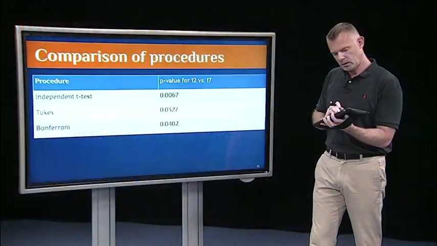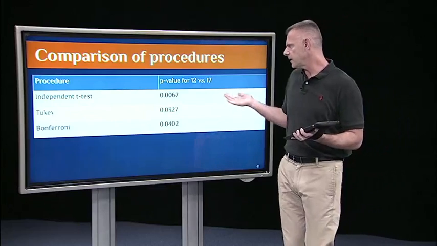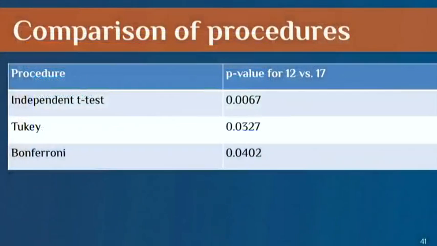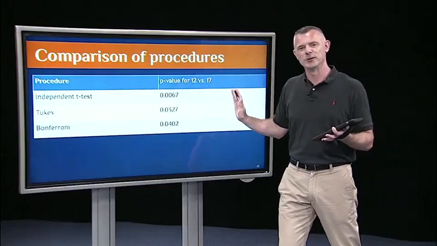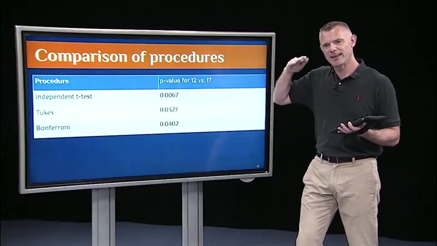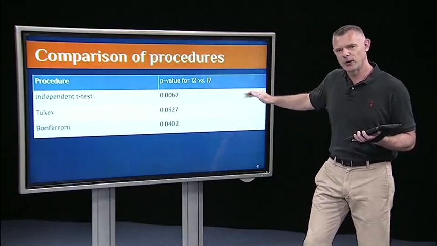Now let's compare those procedures. The independent t-test has no correction, so that's the most liberal, and gave me a p-value of 0.0067. Even if I wanted to be really conservative and put my alpha level down at 0.01, this would still be significant because it's less than that. Then you see a big jump, relatively speaking. I know these are small values, but if you're worried about getting under p of 0.05, then you're starting to get a little worried here.